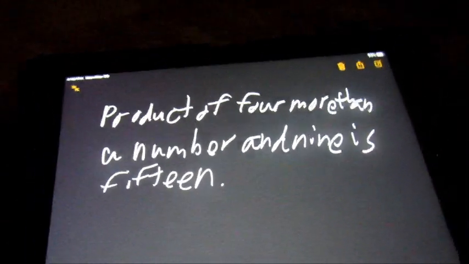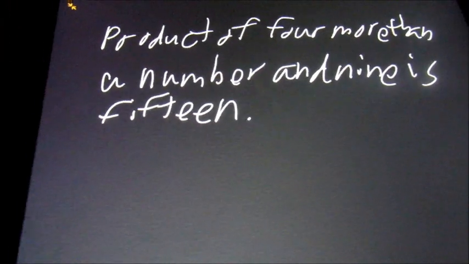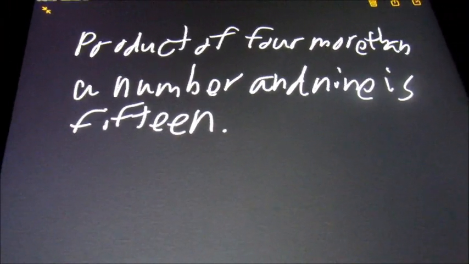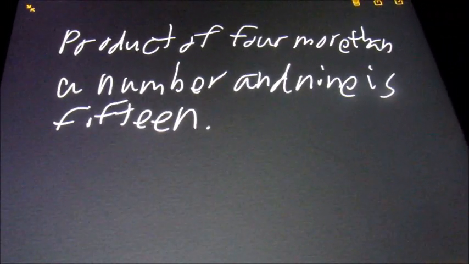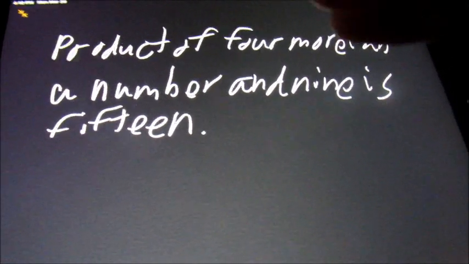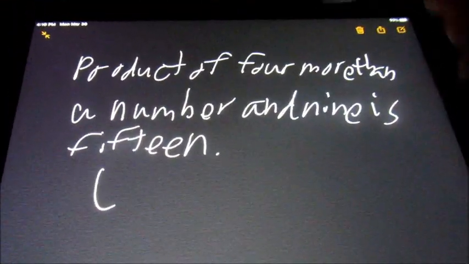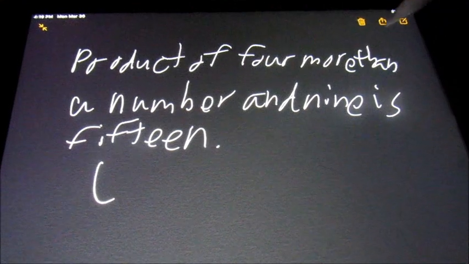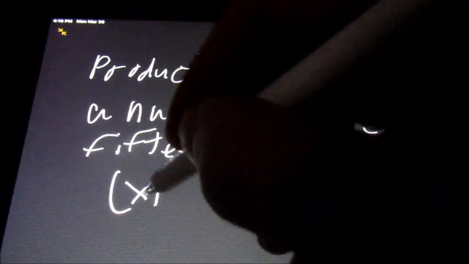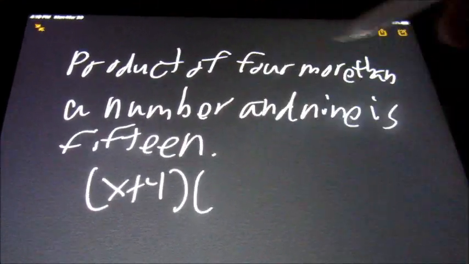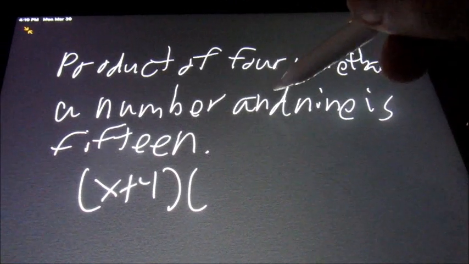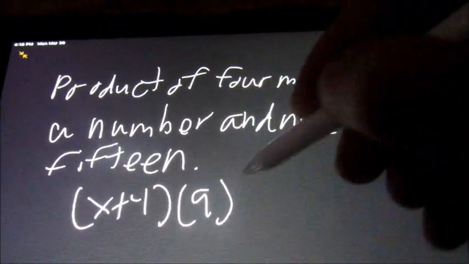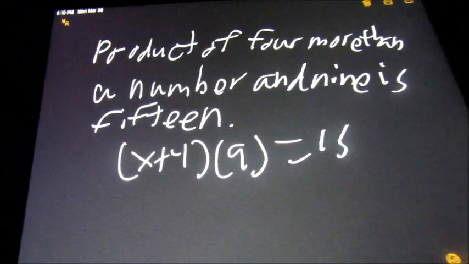Okay, so a product means we're multiplying, and again, the word and is where we're going to do the multiplication. So the first part of it, the factor, is 4 more than a number. So x plus 4, and that's going to be times, because of the and, times 9 equals 15.